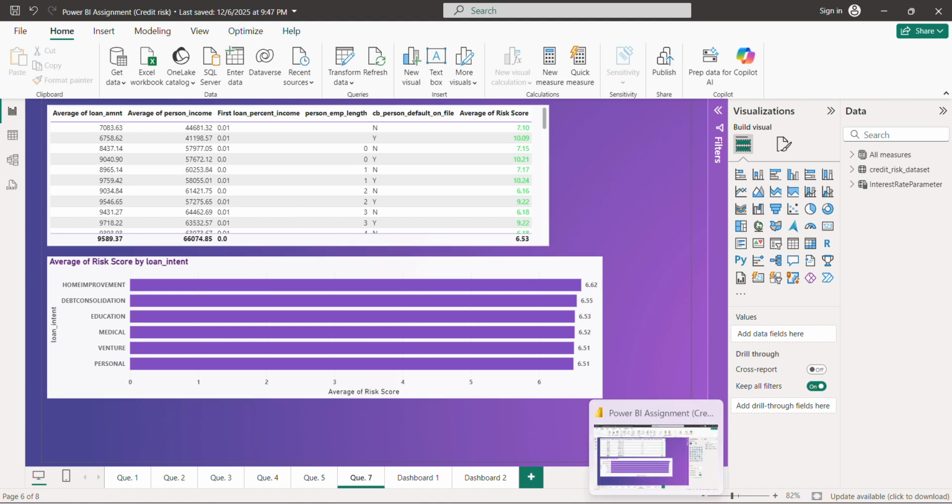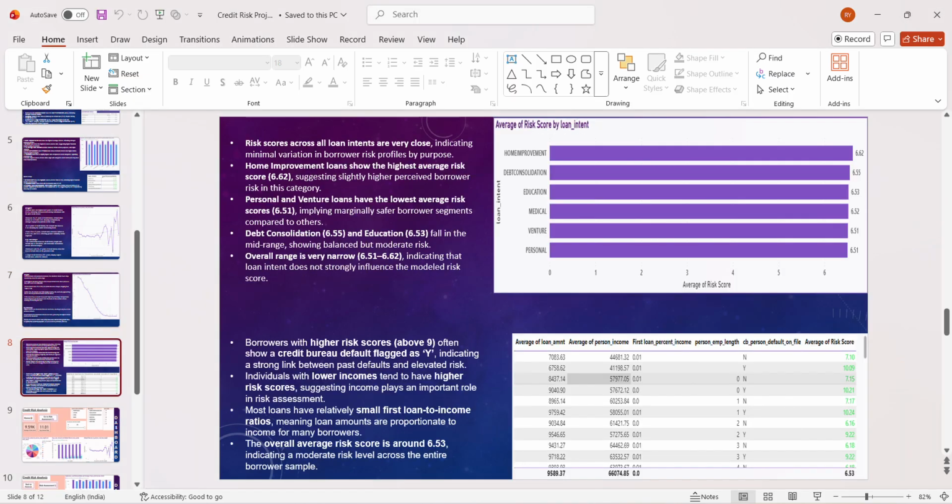Okay, so let's continue with the interpretation of the risk score chart. Risk scores across all loan intents are very close, indicating minimal variation in borrower risk profile by purpose. Home improvement loans show the highest average risk, suggesting slightly higher perceived borrower risk in this category. Debt consolidation at 6.55 and education at 6.53 fall in the mid range, showing balanced and moderate risk.